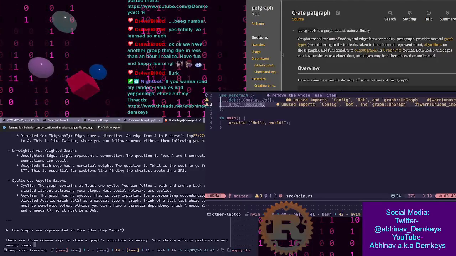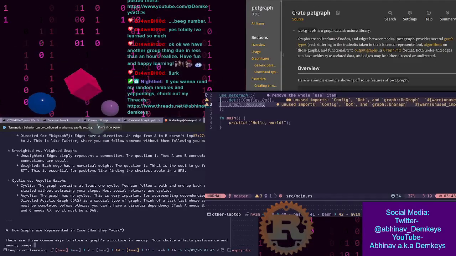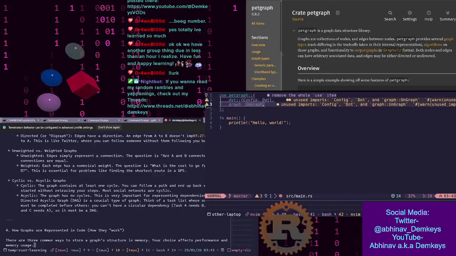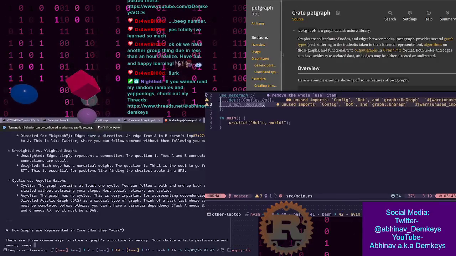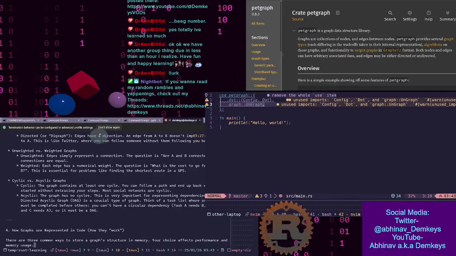Okay, so with an unweighted graph, all connections are equal. With a weighted graph, each edge has a numerical weight. The question is, what is the cost to go from A to B? This is essential for problems like the shortest route in a GPS. Okay.